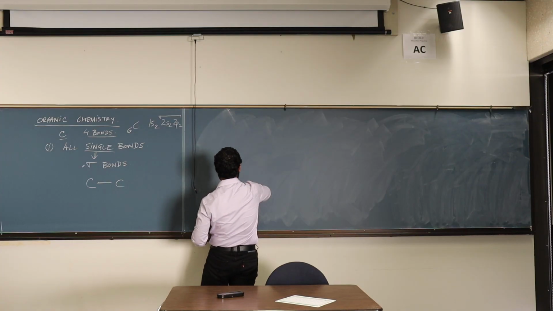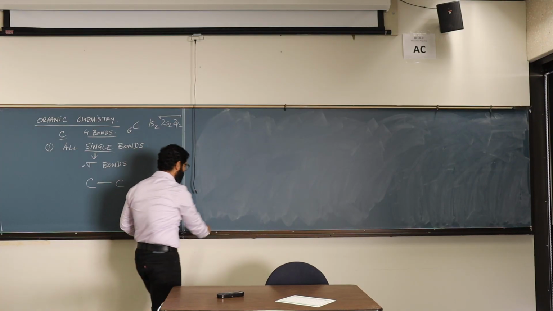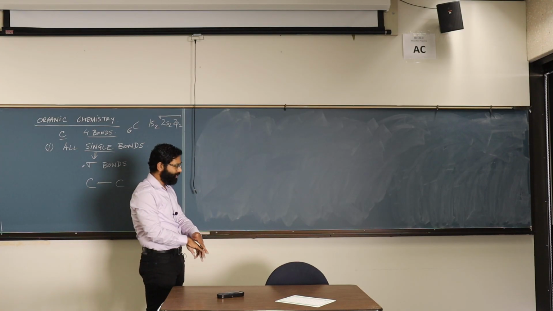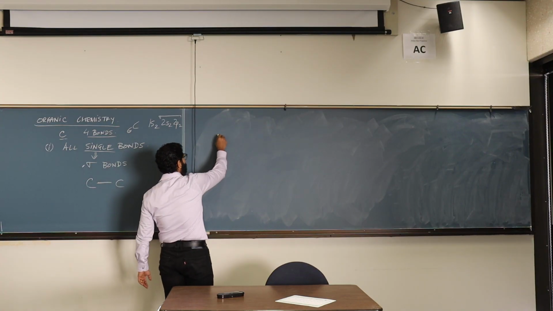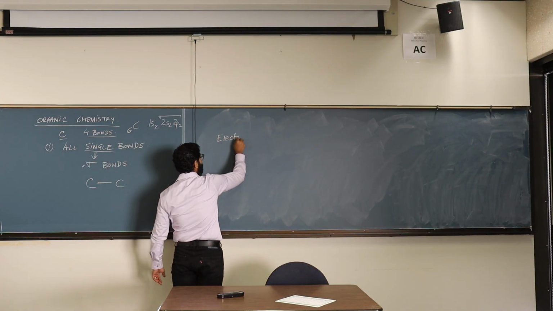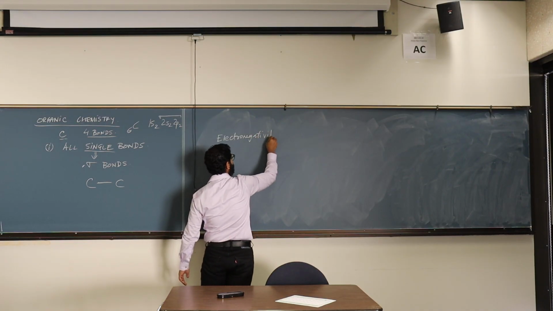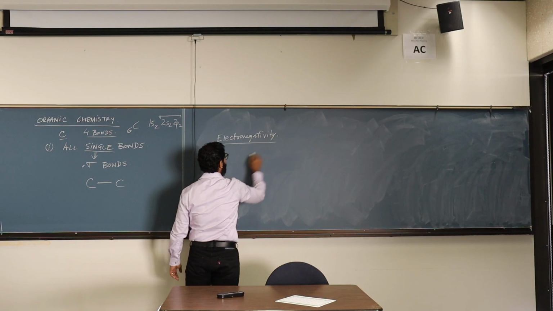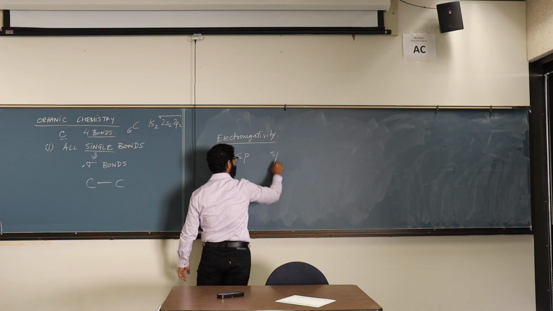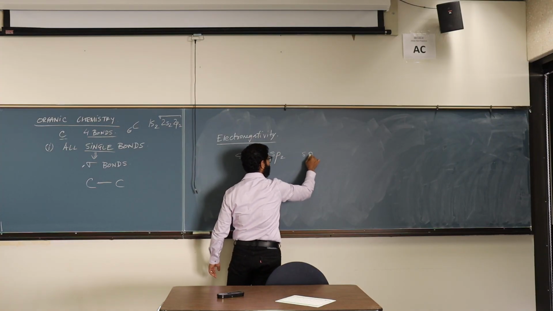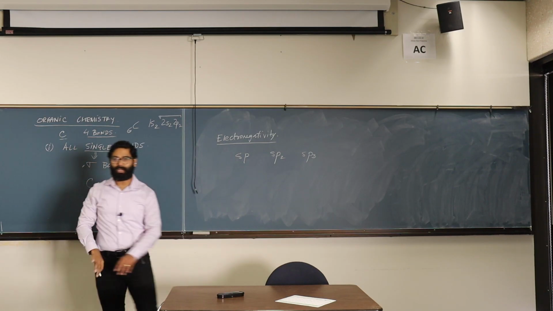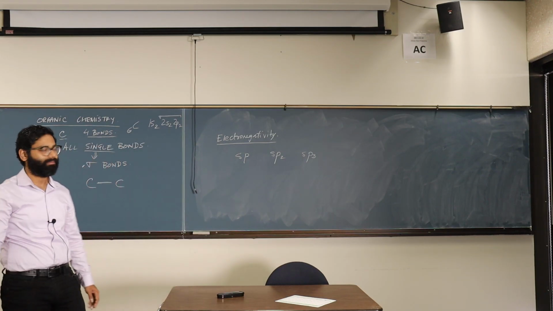Okay. Now, it is not very important here for our discussions of the structures, but typically I would like to know the electronegativity of sp versus sp2 versus sp3 carbon. So which is more electronegative?